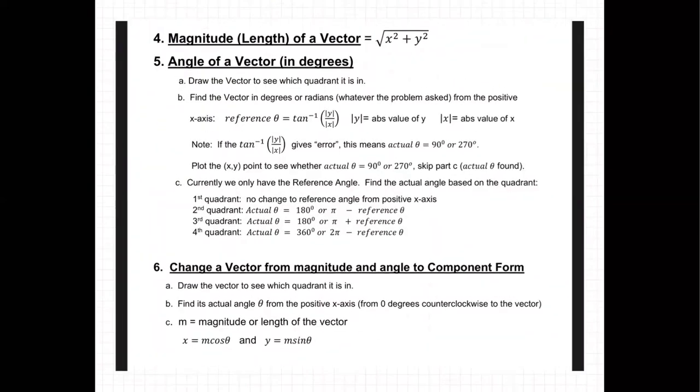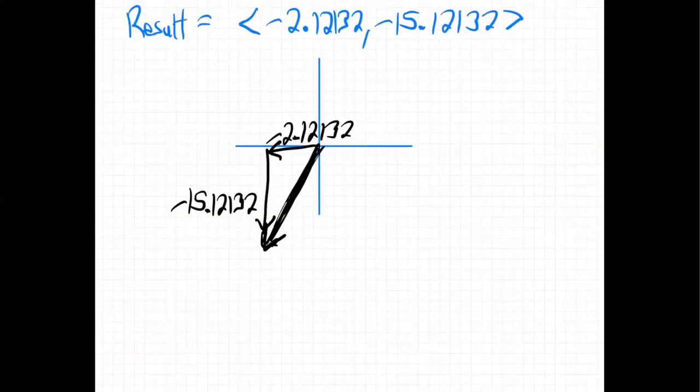Okay, and so how do you find the angle of a vector? You draw the vector. We did that. Theta is the inverse tangent of absolute value y over absolute value x.